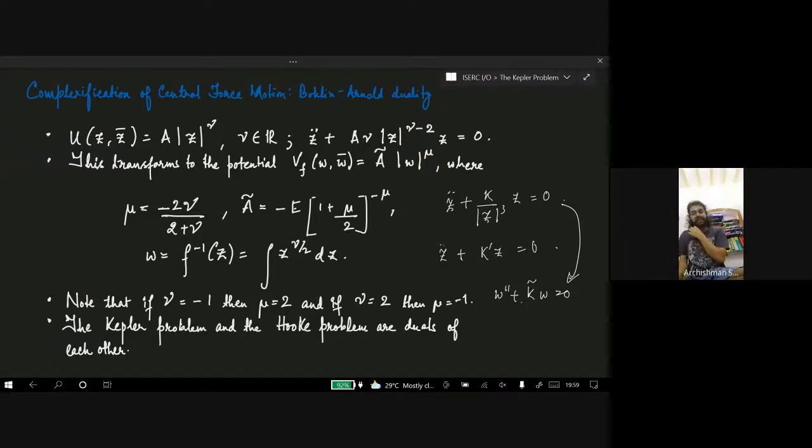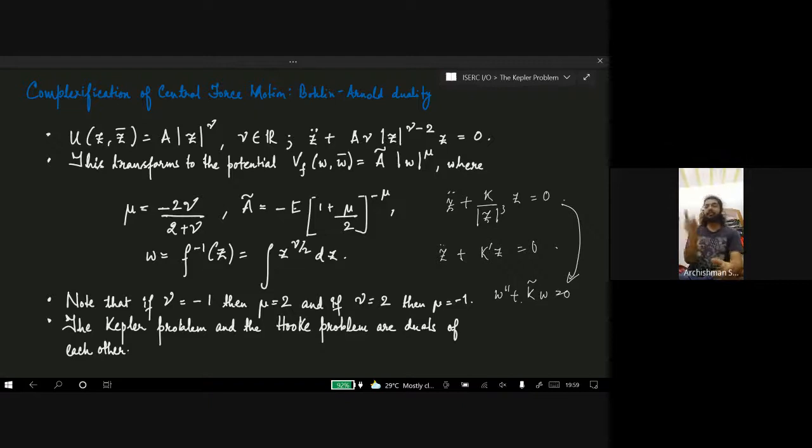And I did not mention this, but this is dual in a much greater sense than merely the fact that the Kepler problem and the harmonic oscillator problem map to each other. It's dual also in the sense that the energy of the Kepler problem transforms to the energy of the harmonic oscillator problem, and the angular momentum of the Kepler problem transfers to the angular momentum of the harmonic oscillator problem.